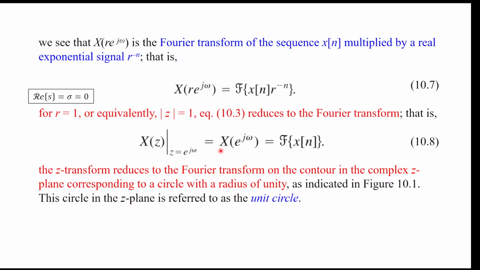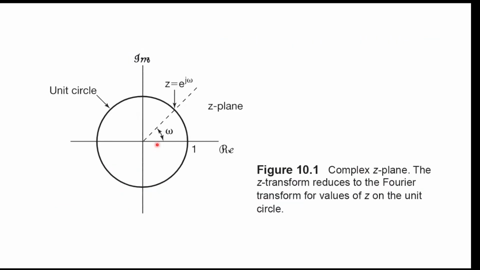Back in chapter 5 this looked really weird, because we have a function of omega but we write it as big X of e to the j omega. Now we see the reason: we like to think of this as a special case of z, restricting z to e to the j omega.